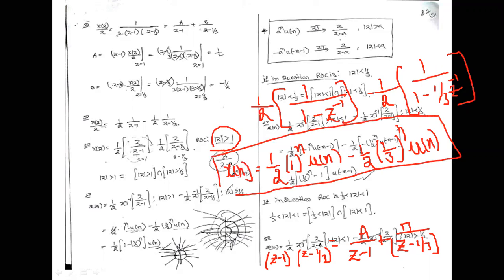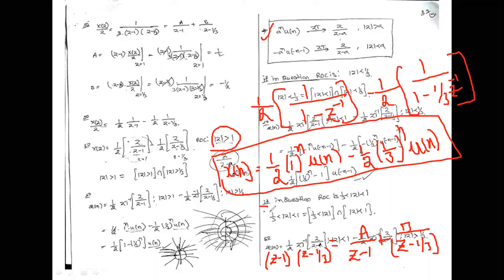for the given function. x of n is equal to, see here, a power n mu of n. And for the second function, they wrote that it is less than a. But actually, it depends upon the given ROC value only; you have to write the function accordingly. Finally, see here, x of n is 1 by 2.